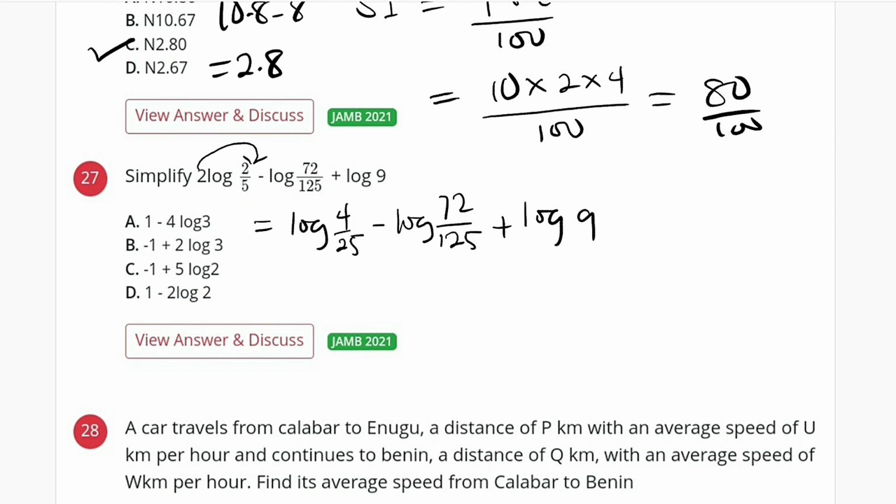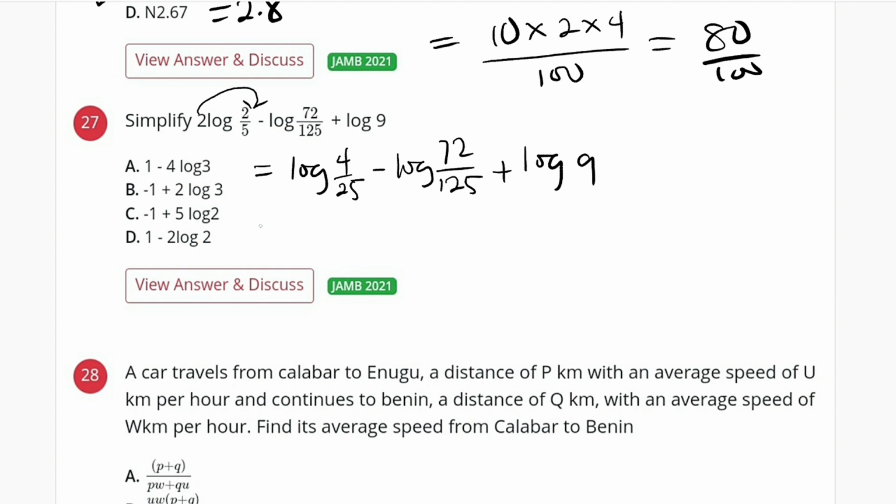So the only term I simplified is the first term. Minus becomes division and plus becomes multiplication with a single log. So this is log of 4 divided by 25, minus becomes division, divided by 72 divided by 125, plus becomes multiplication, we have 9 divided by 1.